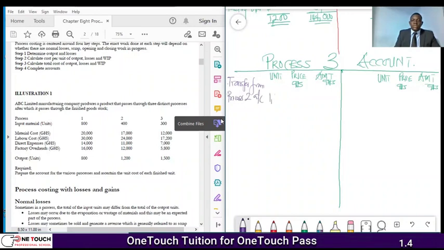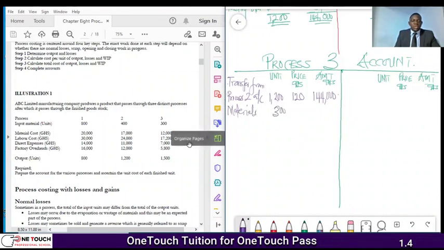The total unit of 1,200 was transferred at a price of 120, giving us 144,000. Good. And at process 3, additional materials were added. That is 300 units, and the cost of the materials was 12,000. That needs to be added.